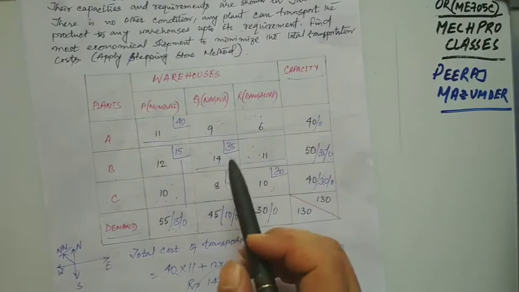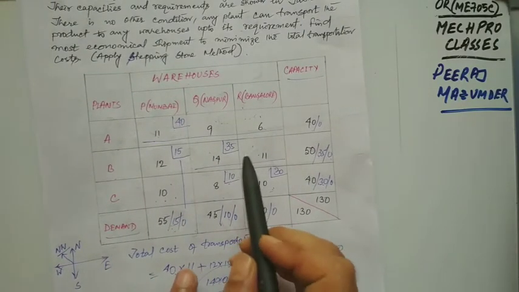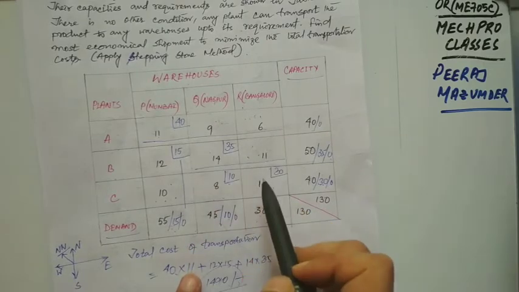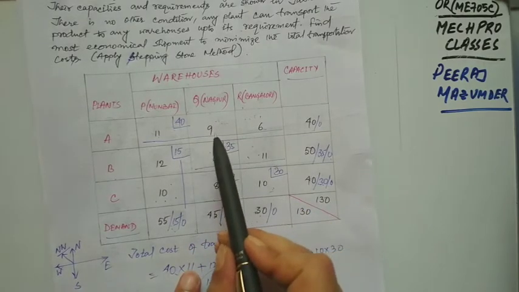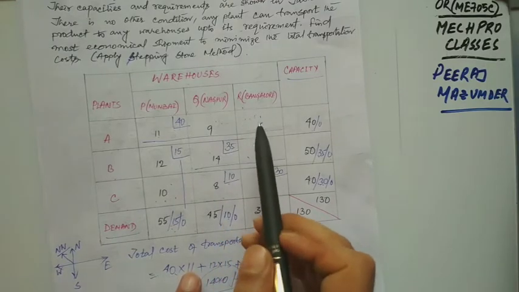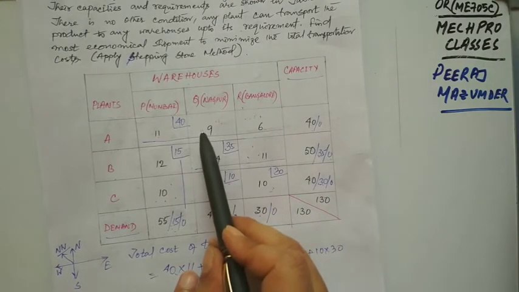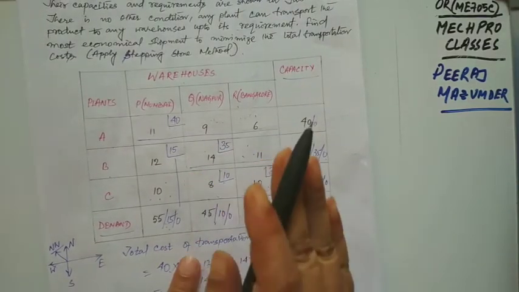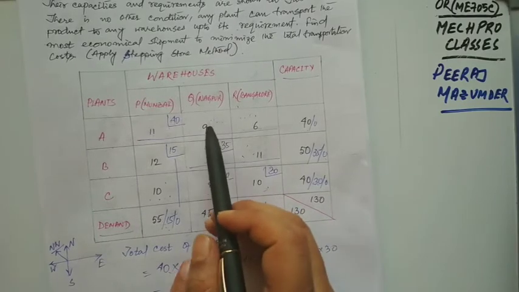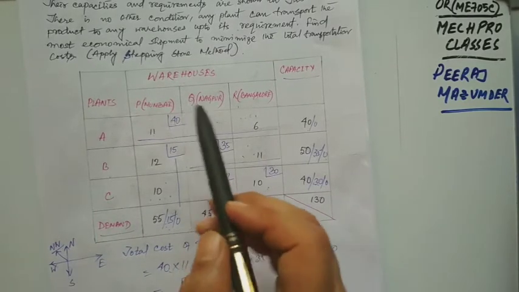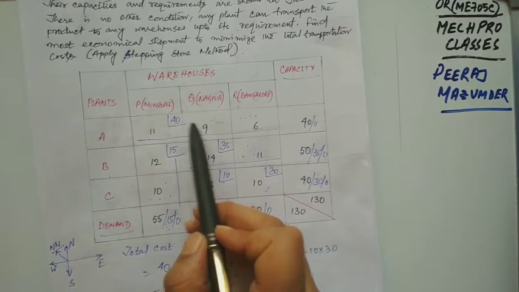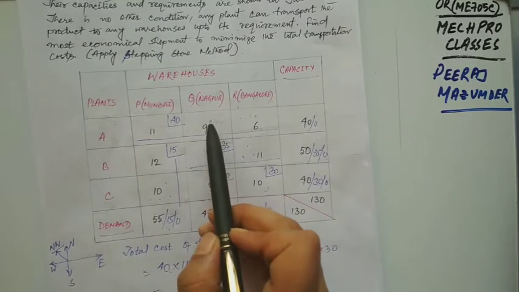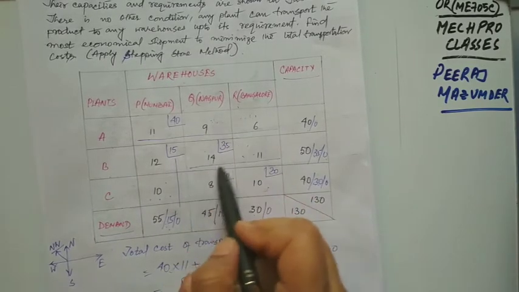Now, a closed path has to be established for a water square using horizontal or vertical lines from the selected water square via stone squares back to the same water square. Okay, I will let you know how to draw it. Just know the procedure first. So first you have to establish, using horizontal or vertical lines from the selected water square, say this one or this one or this one.